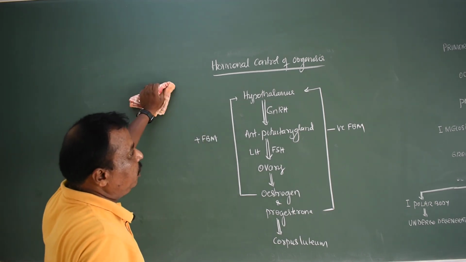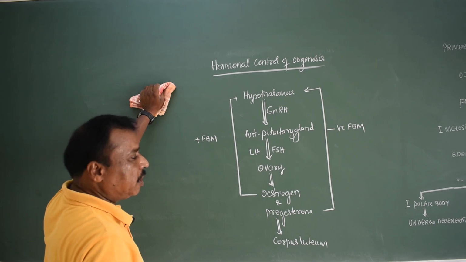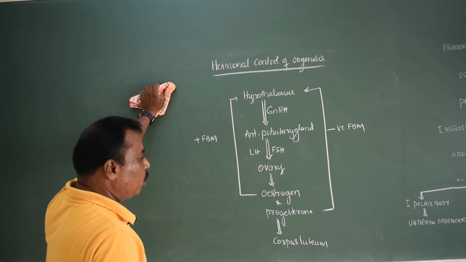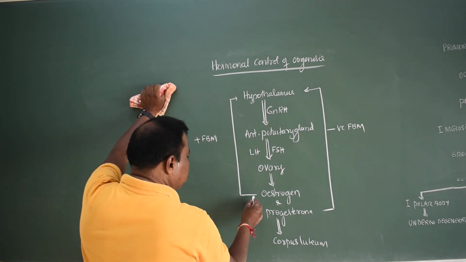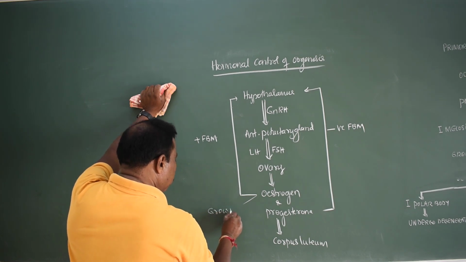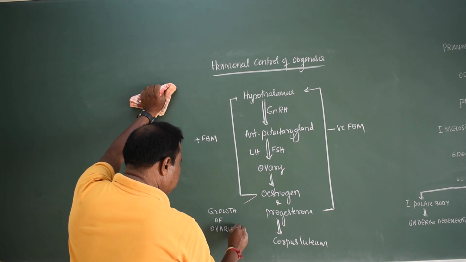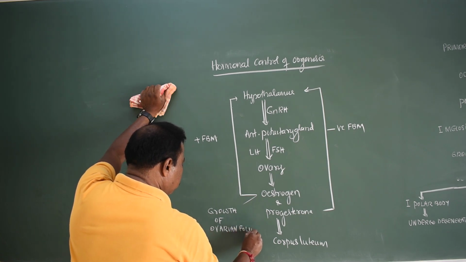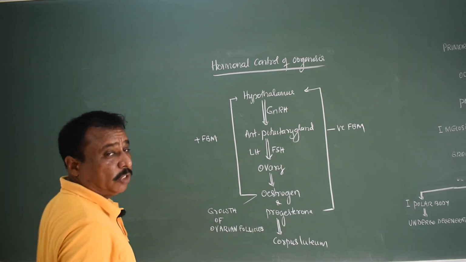It generally stimulates the hypothalamus to release GnRH, which stimulates the pituitary gland to release LH and FSH, which stimulate the ovary to produce estrogen and progesterone. And this estrogen is for the growth of ovarian follicles. This is about the hormonal control of oogenesis.